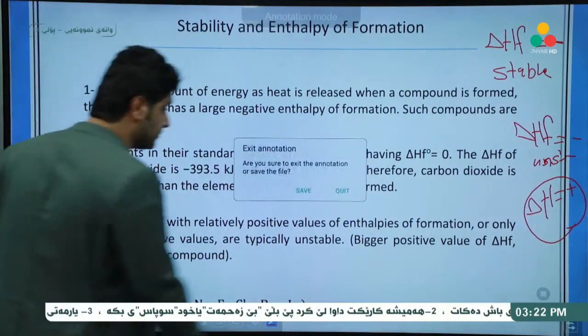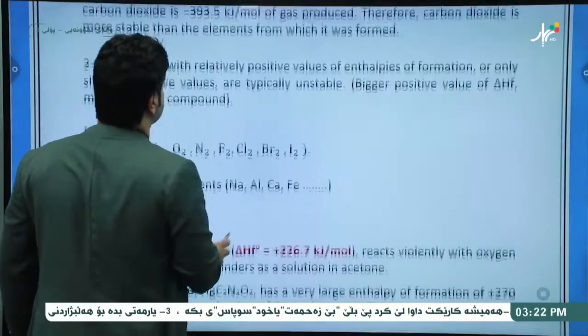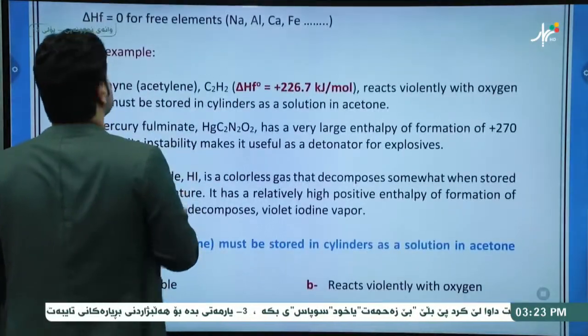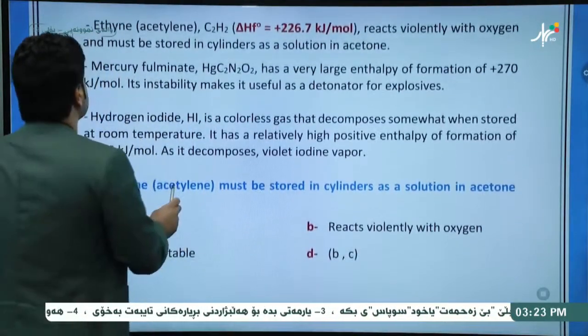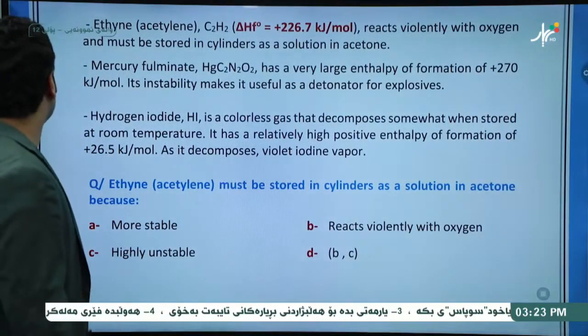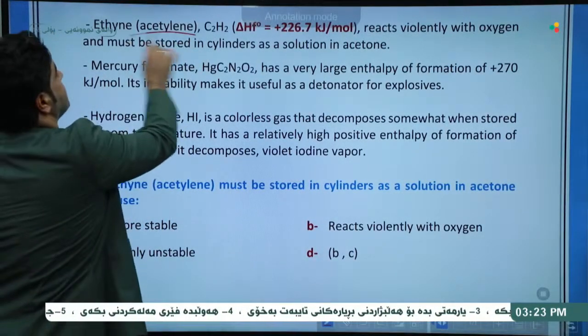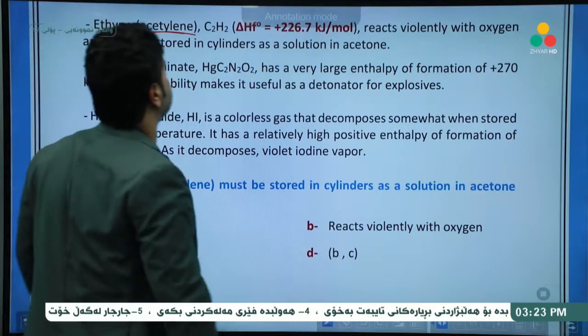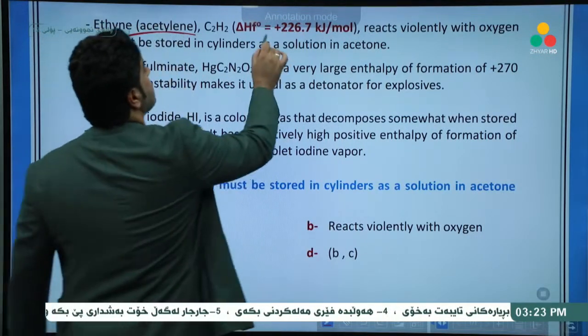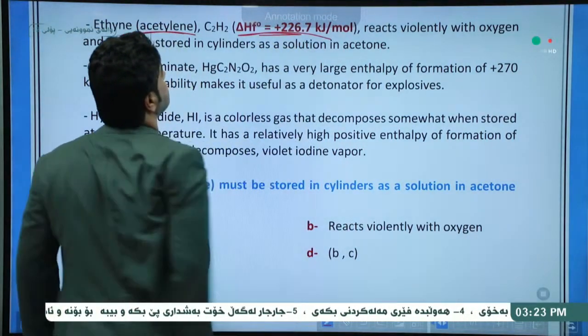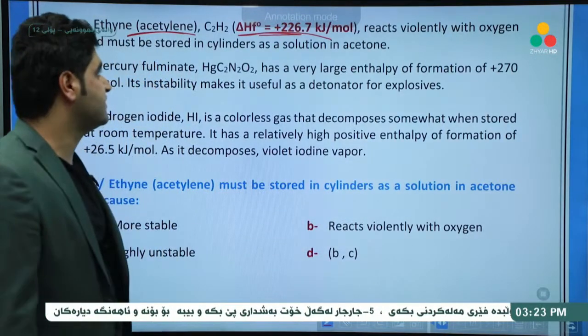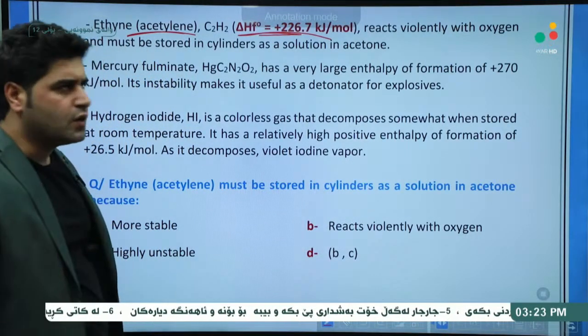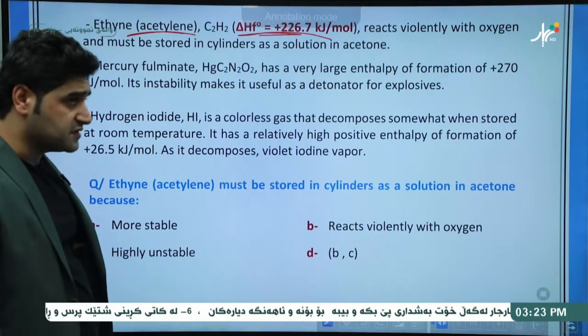So we have some examples about compound enthalpy of formation and stability. For example, ethyne, acetylene, C2H2, has a very big delta HF, which is 226.7 kilojoule per mole. It's a very big positive value.